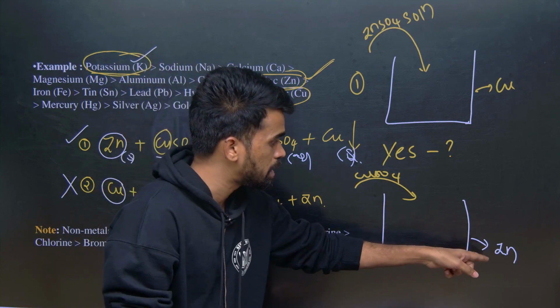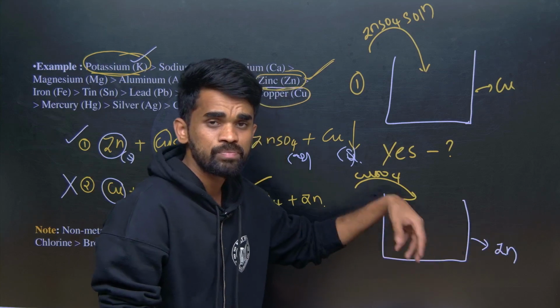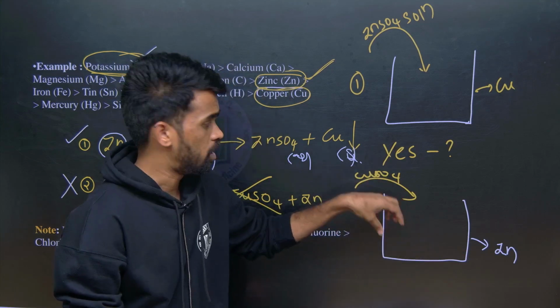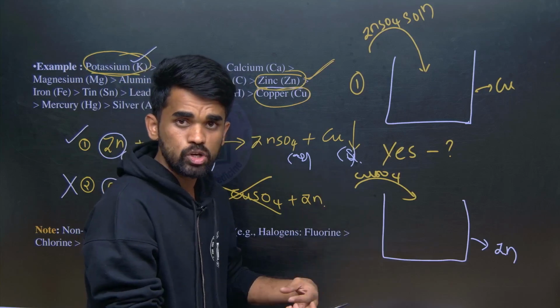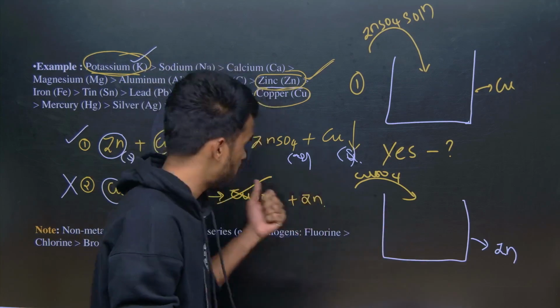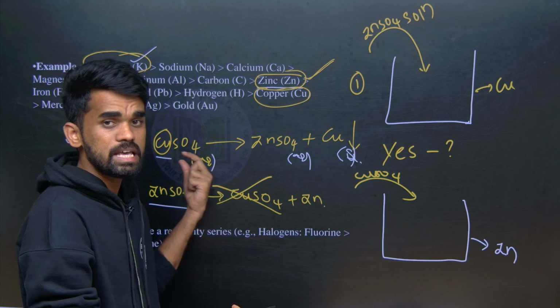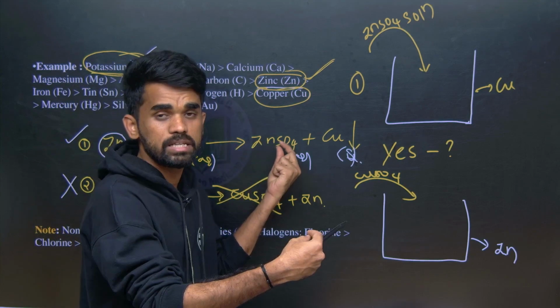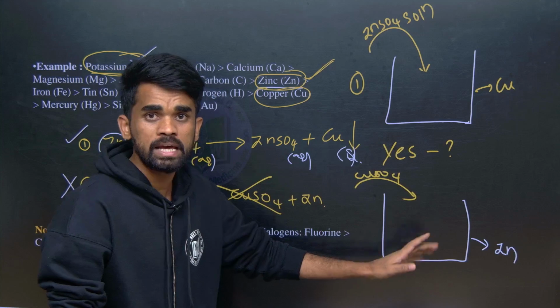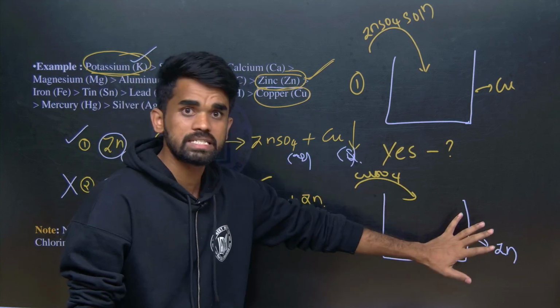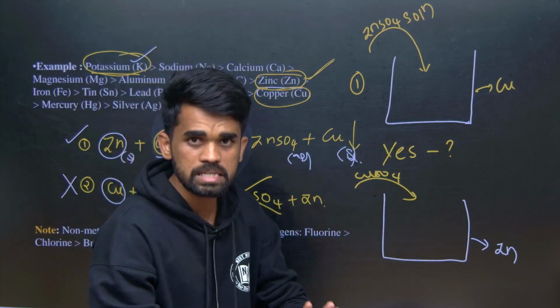Because all this zinc metal will be dissolving into the solution. Therefore, the vessel gets damaged, and this is spontaneous, meaning the reaction is happening naturally, right? Due to that reason we should not place copper sulfate solution in the zinc vessel. I hope this is also clear, right?